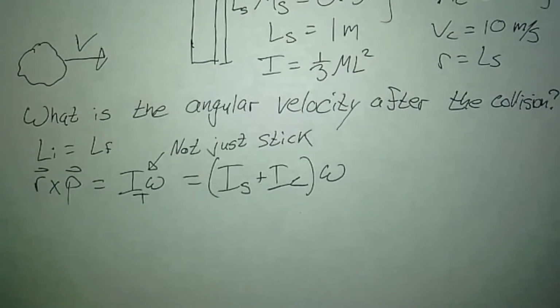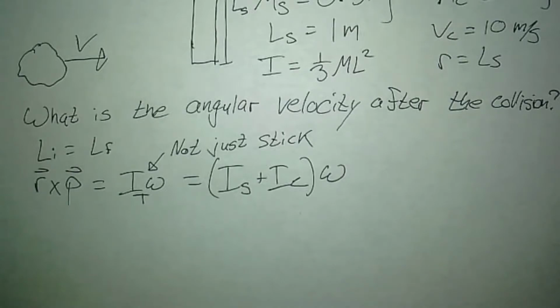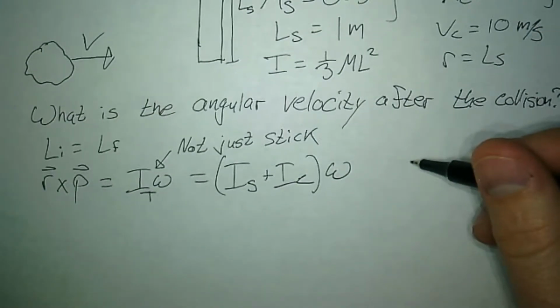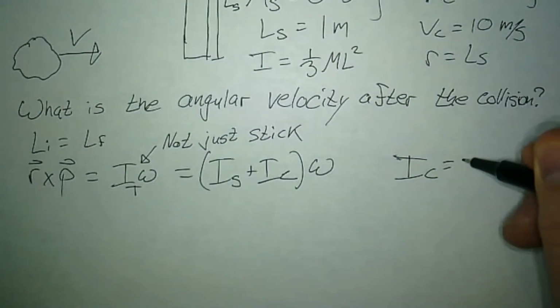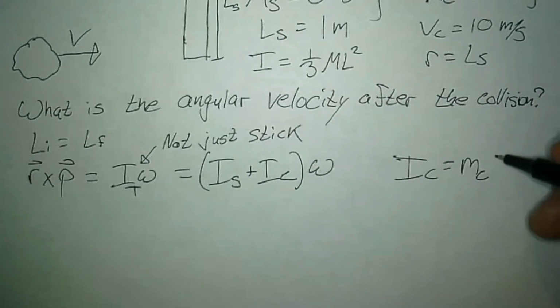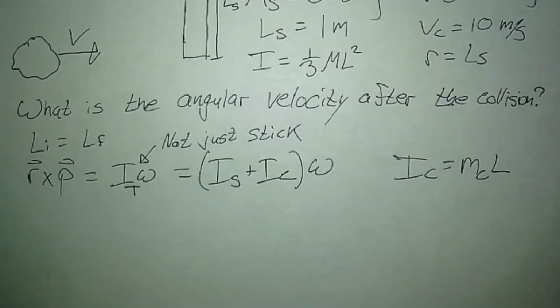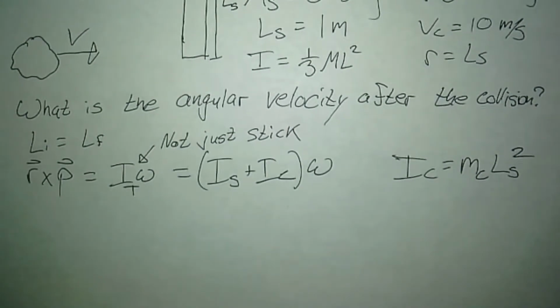The clay is a big ball and it's going to wrap around, be vaguely ball-shaped, so we can consider it like a point mass. The moment of inertia of a point mass is just mr squared. So I clay equals mass clay, and our r in this case is the distance from the point of rotation, so that's going to be length of the stick squared. Sound good? Okay.